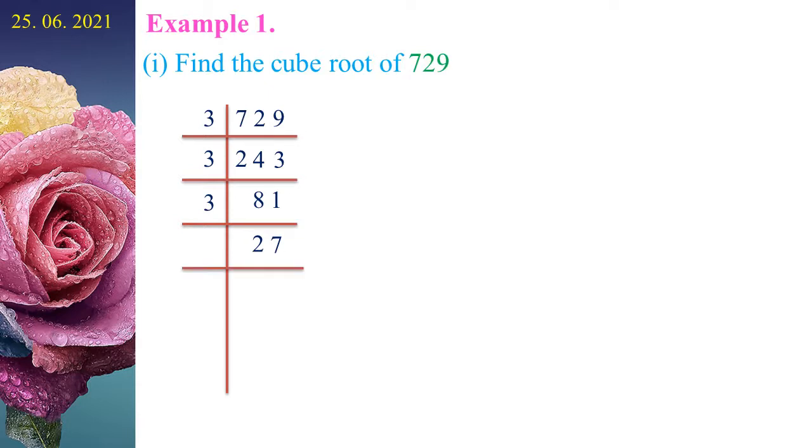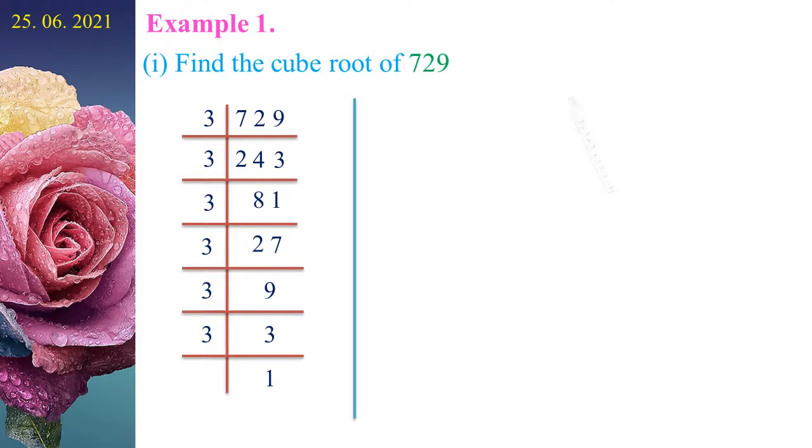The number 27 is divisible by 3. 9 3s are 27. The number 9 is divisible by 3. 3 3s are 9. The number 3 is divisible by 3. We will get 1.